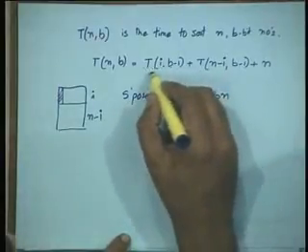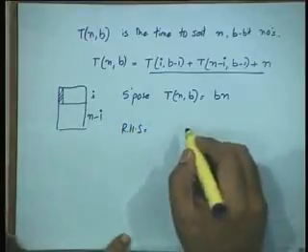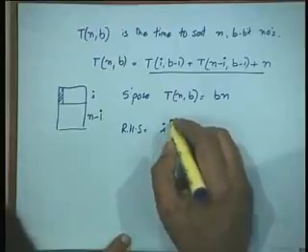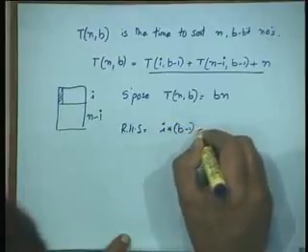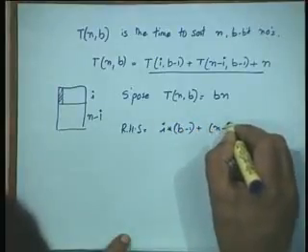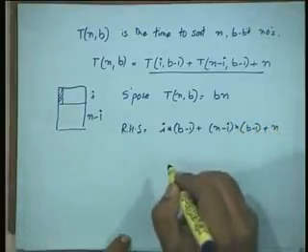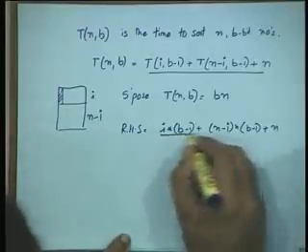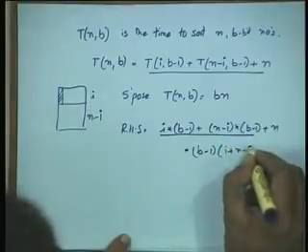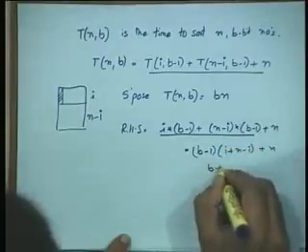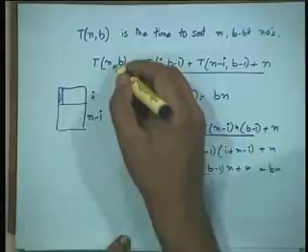So what is my right hand side then? The right hand side equals I, because n is I, times b minus 1 plus n minus I times b minus 1 plus n, which is b minus 1 times I plus n minus I, plus n, which is b minus 1 times n plus n, which is bn, which is also our left hand side.